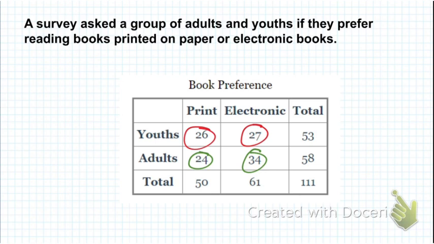Now, with that being said, the last rows and columns on the outside are our total columns. If we look at this first one, which is a 50, that 50 tells us that this is the total print for youth and adults. The next one we have, which is the 61, is the total of electronic.